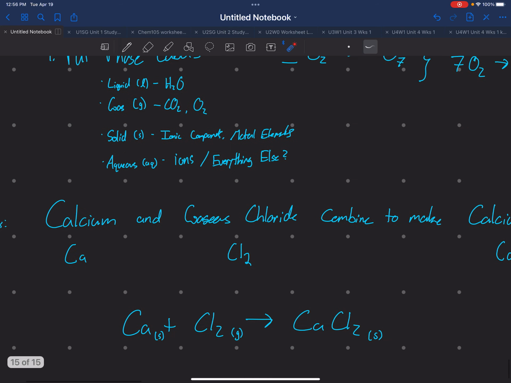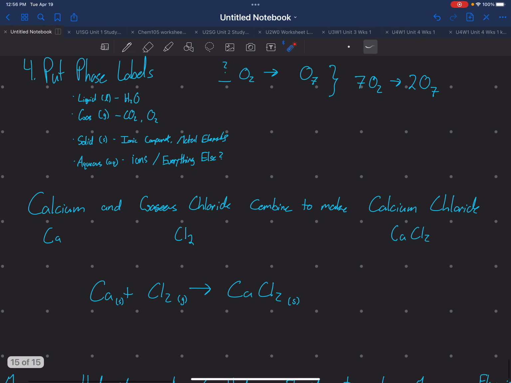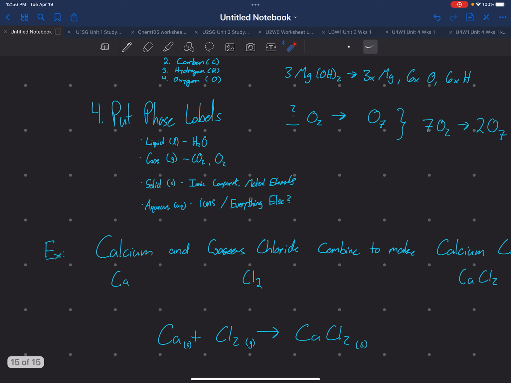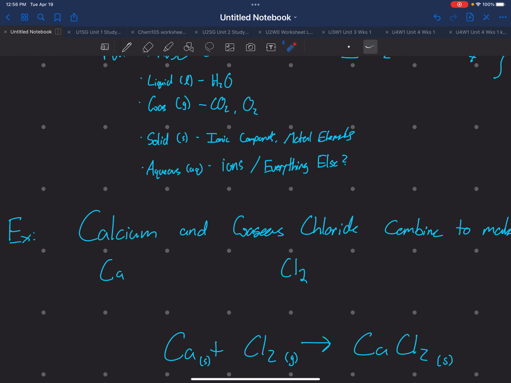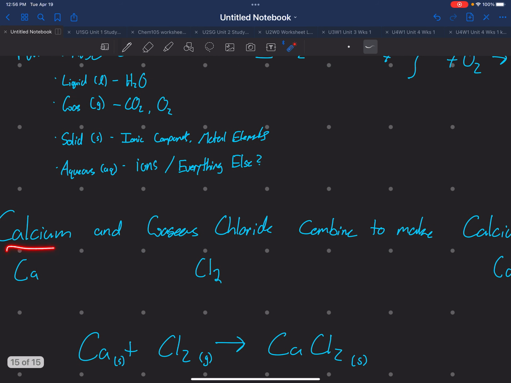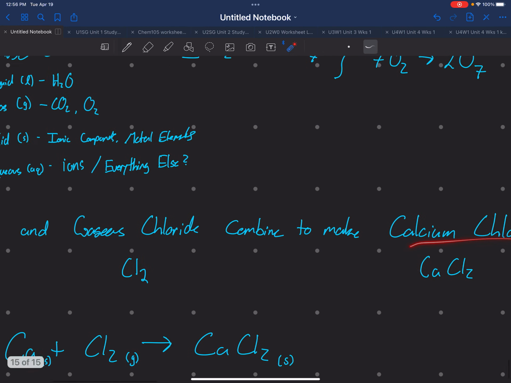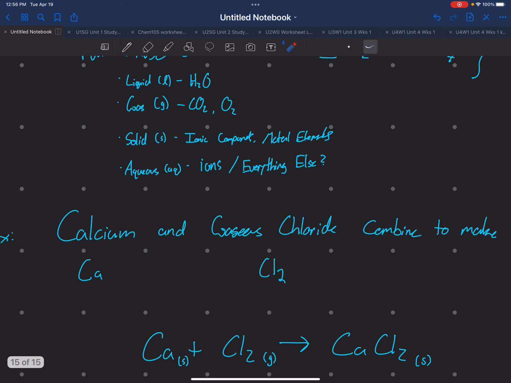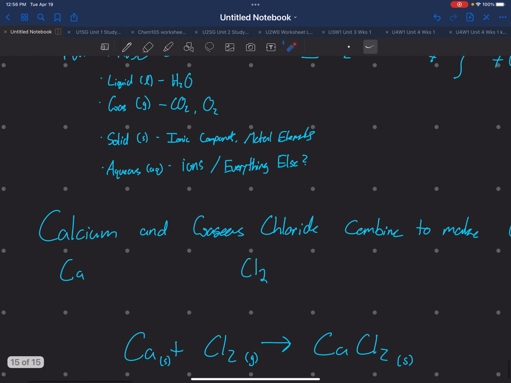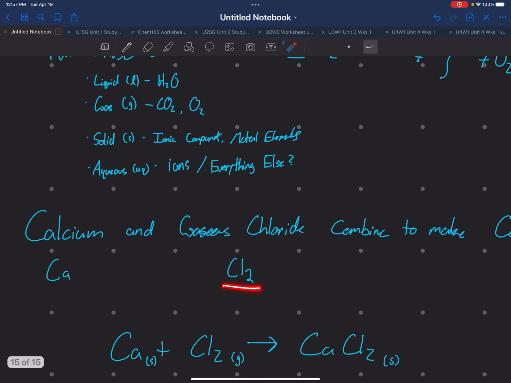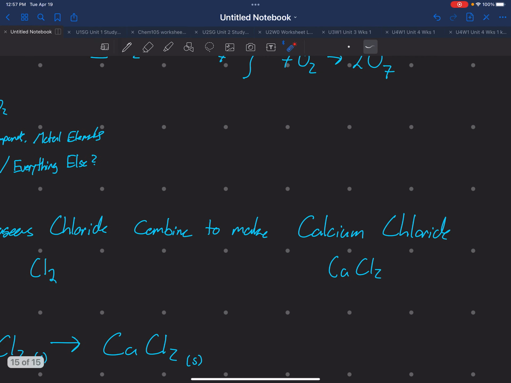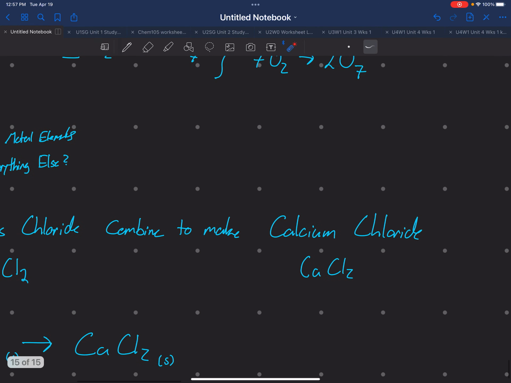So I was doing some examples and then I kind of messed up, so I had to re-record. Calcium and gaseous chlorine combine to make calcium chloride. Calcium is Ca, gaseous chlorine is Cl2, and calcium chloride is CaCl2, because this has a 2 plus, this has a 1 minus, right?